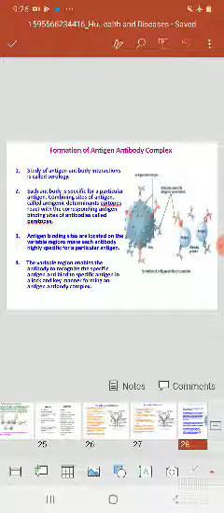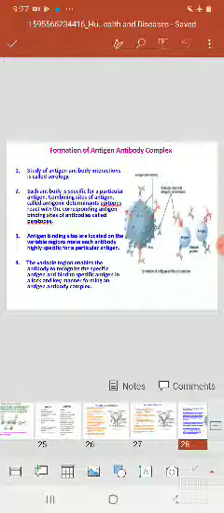The antigen binding sites are located on the variable region of the antibody, as shown in the structure. Small variations in the variable region make each antibody highly specific for a particular antigen.